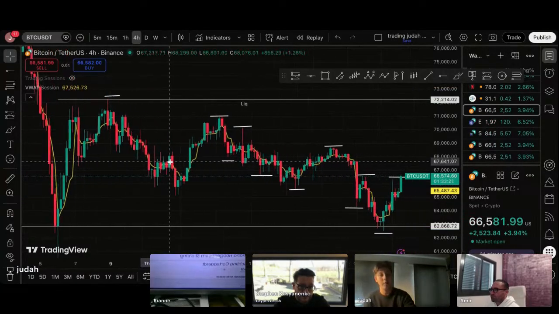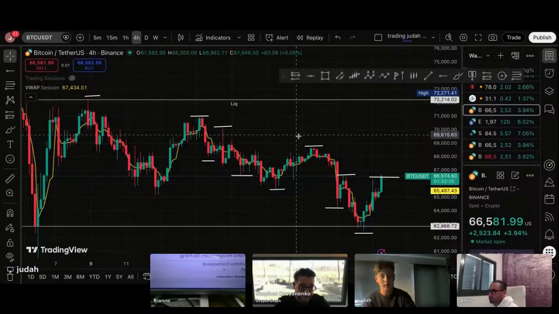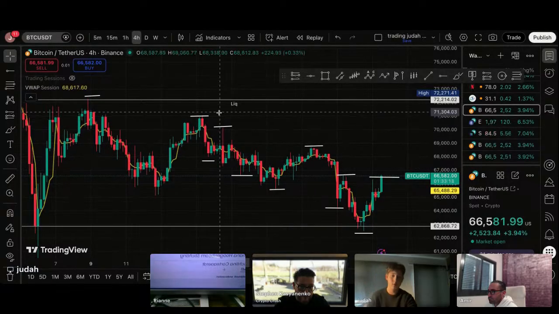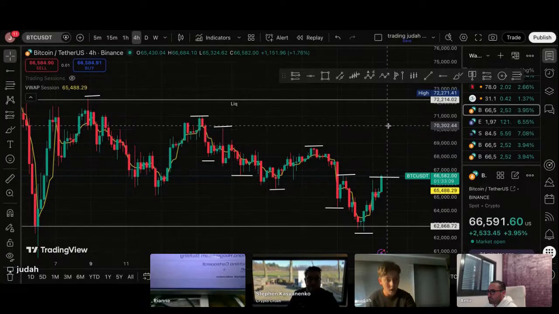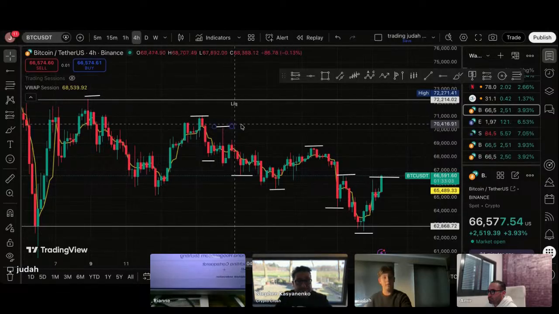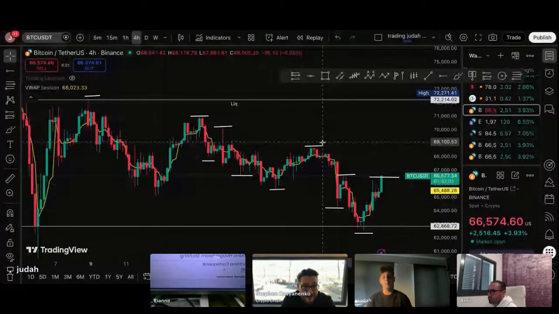Of course, all these people put stop losses above these highs, millions and millions of dollars, millions of euros of liquidations when the price goes up here. There's a lot of stop losses above this low right here, millions. Above this low, above this low. And Bitcoin wants to grab the most liquidity.